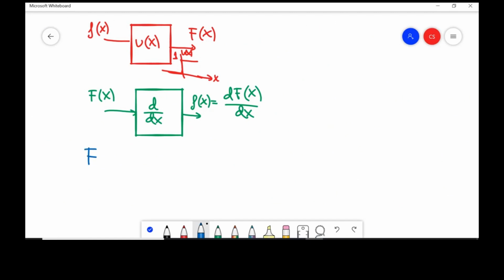So let's draw here the opposite. We have f of g, let's say, but it is now a discrete signal. So here we have to compute the first difference.